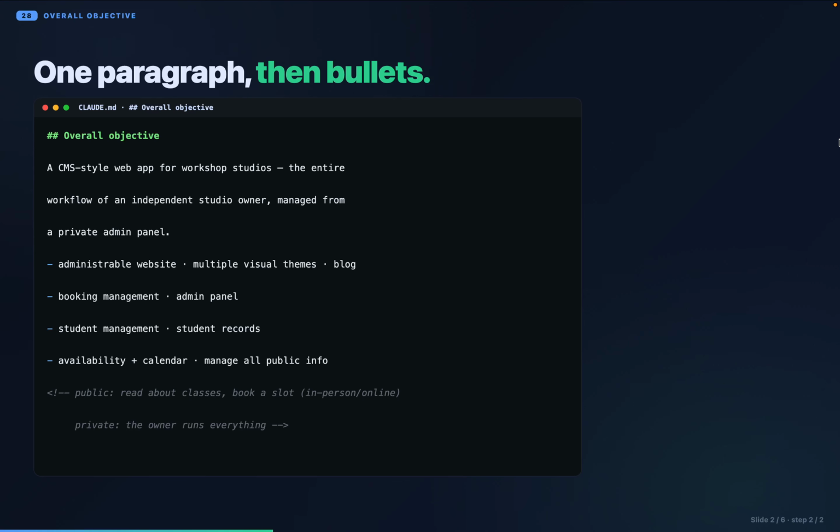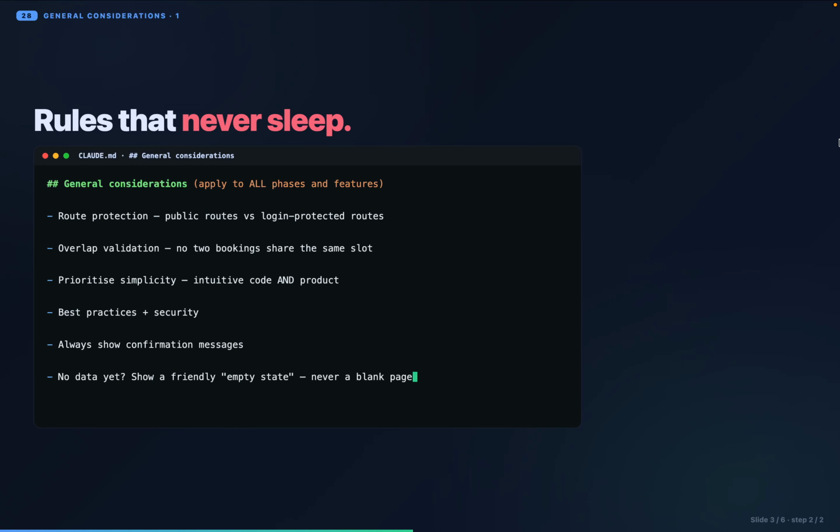Now, general considerations, and the header says it. These apply to all phases and all features. The agent rereads this file constantly, so what lives here governs everything. Now let's read about route protection. Okay. Route protection. Some routes public, some behind login. Overlap validation.